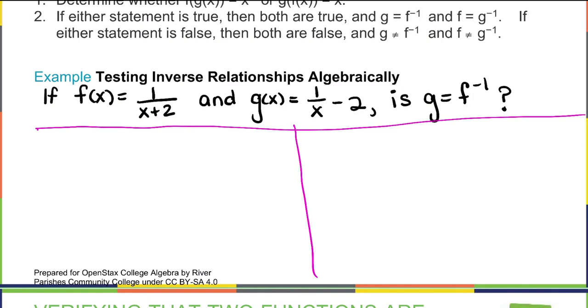So if we want to see if these two are inverses, we find the composite, f of g of x. So f of g of x is 1 over x plus 2, and instead of x, we replace it with what g is.